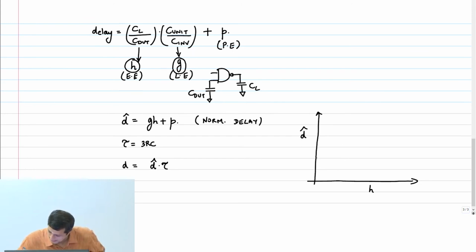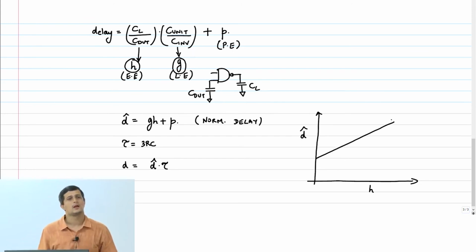So if I take a NAND gate, it would be something like this. For an inverter, obviously, G is 1 by definition, P is also 1, right? So the slope will be the best for an inverter. And this is for a NAND, where the delay starts at 2, because the parasitic delay itself is 2.